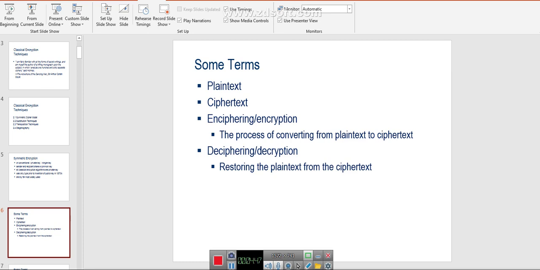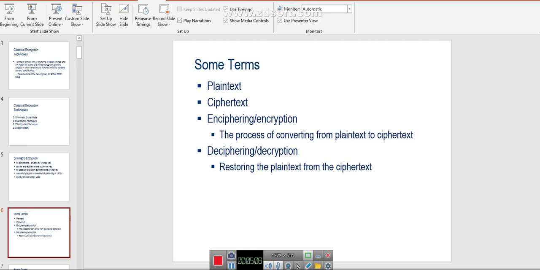Then we also have ciphertext. Ciphertext is the result of when we encrypt our messages.